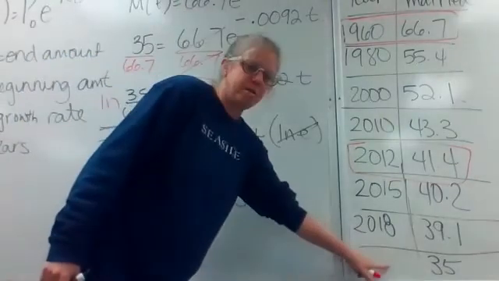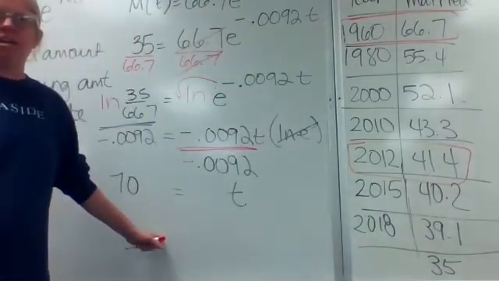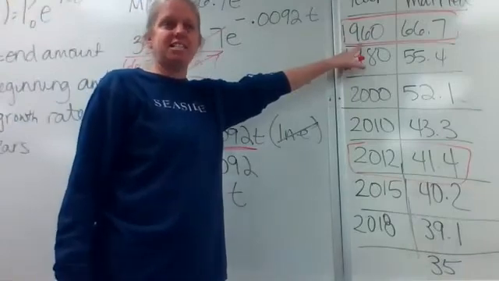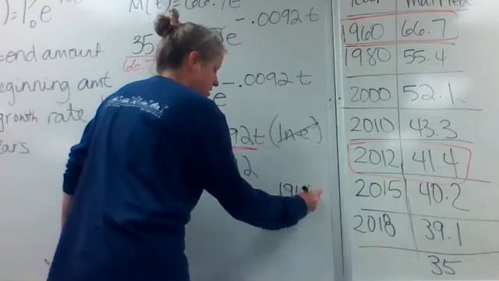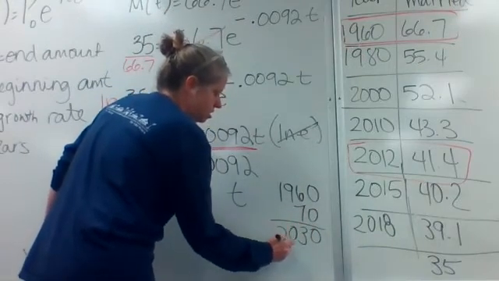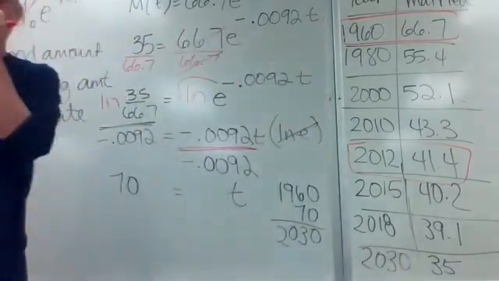But it doesn't make sense to put a 70 here, right? What is this 70 telling me? The number of years after 1960. So 1960, 70 years later will be the year 2030.